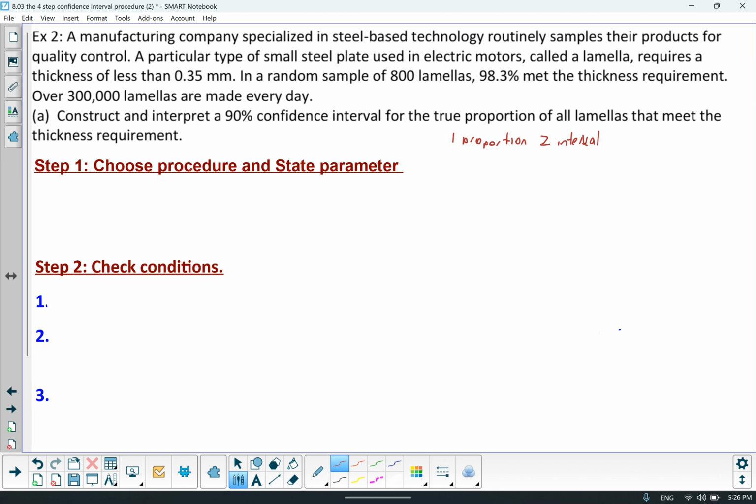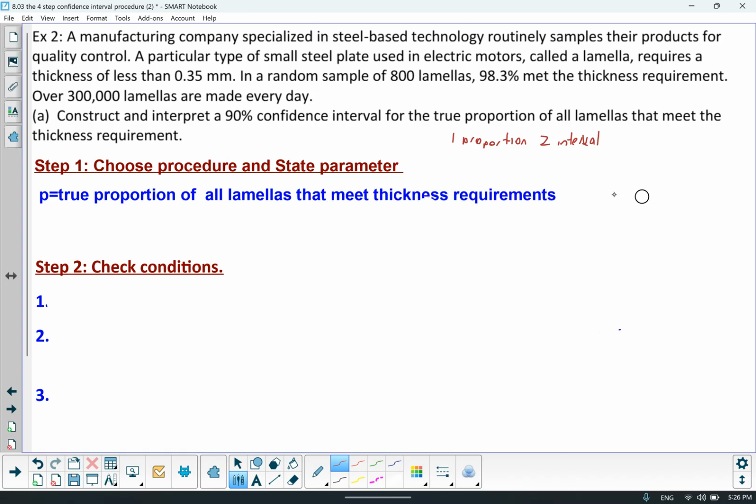So once you decide on the procedure, then you have to define your parameter. So the parameter is the true proportion. So this is going to be P equals the true proportion of all lamellas that meet the thickness requirements. Please make sure that your P does not have a hat, because otherwise I have to take off a point, and make sure that you have a symbol and that you define it.